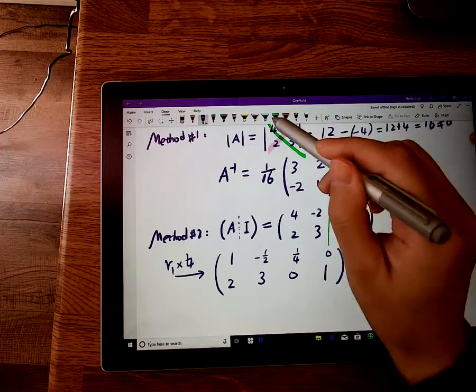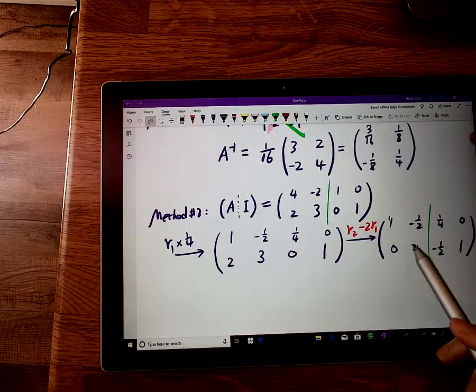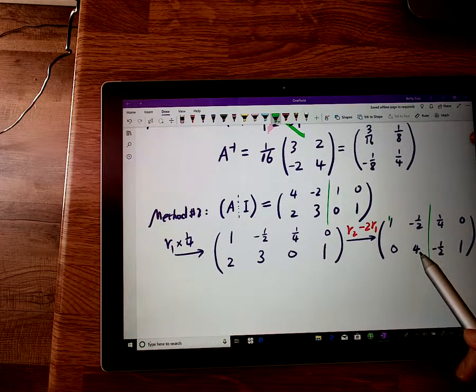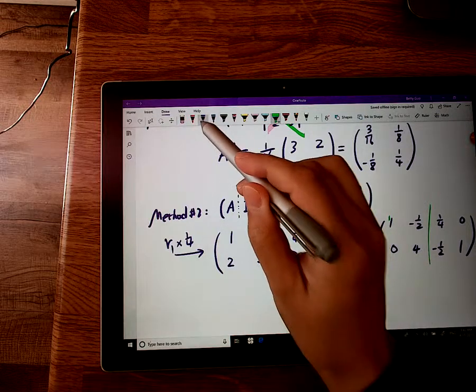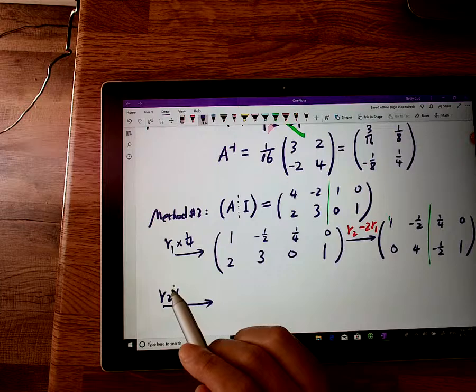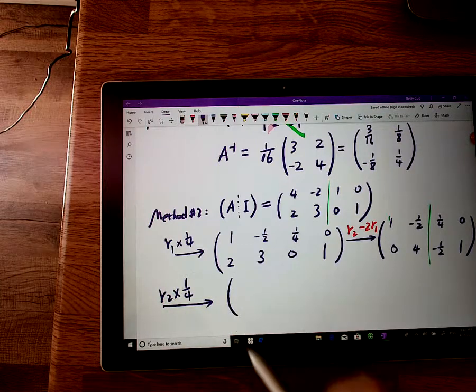We want this part to be identity, right? We have completed half of them. We are half done. Now I want this number to be 1, because this entry is in the main diagonal. How do I do that? I'm going to multiply all the entries in row 2 by 1 over 4, the reciprocal.